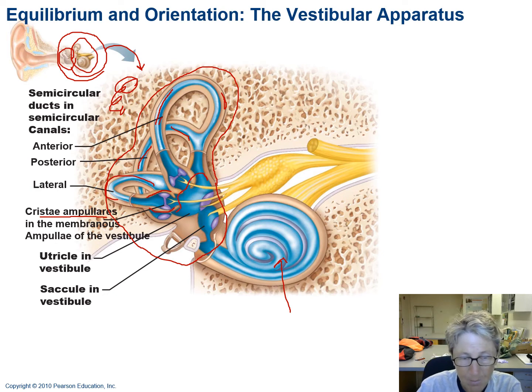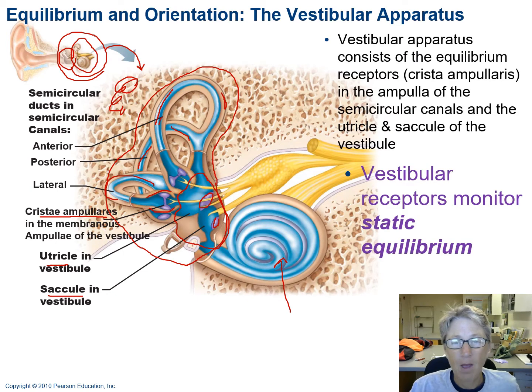Just outside of the ampulla of the semicircular ducts and canals, you have this whole area which is called the vestibule. And then you have these spots called macula, these purple spots within the vestibule. And those macula are associated with the utricle and the saccule.